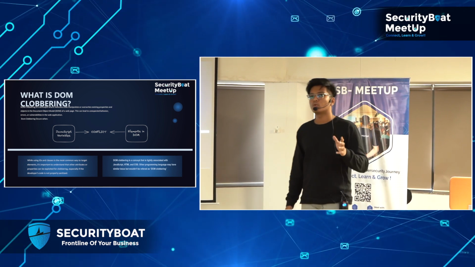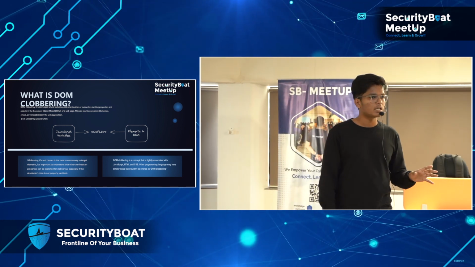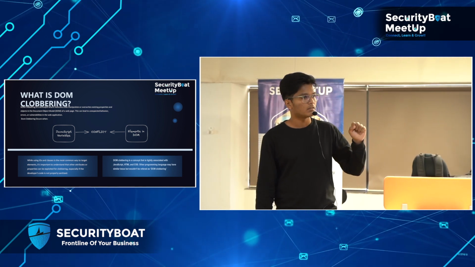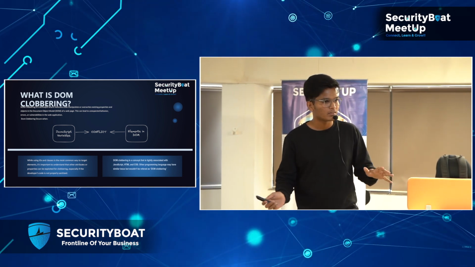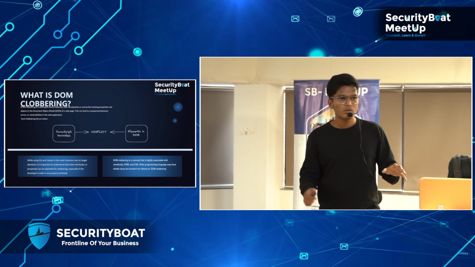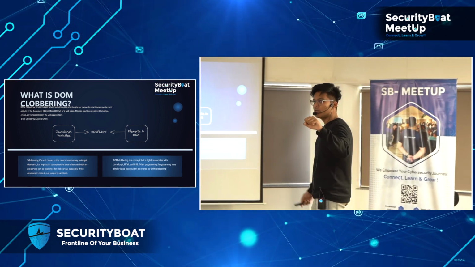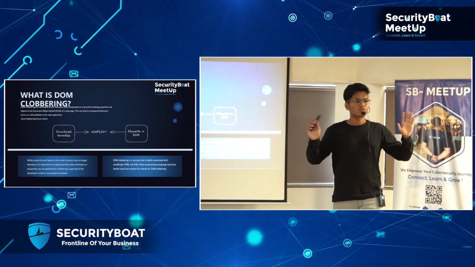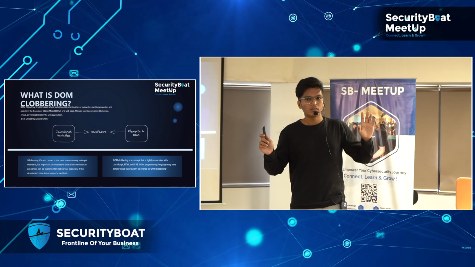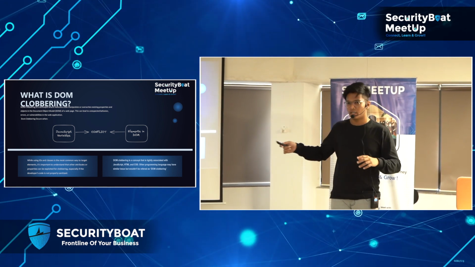Everybody knows that every HTML code has IDs and classes for unique identification. So we take that ID and manipulate it through JavaScript, through the console. Everybody knows web developer tools, right? Inspect. So we will access the console and do that.